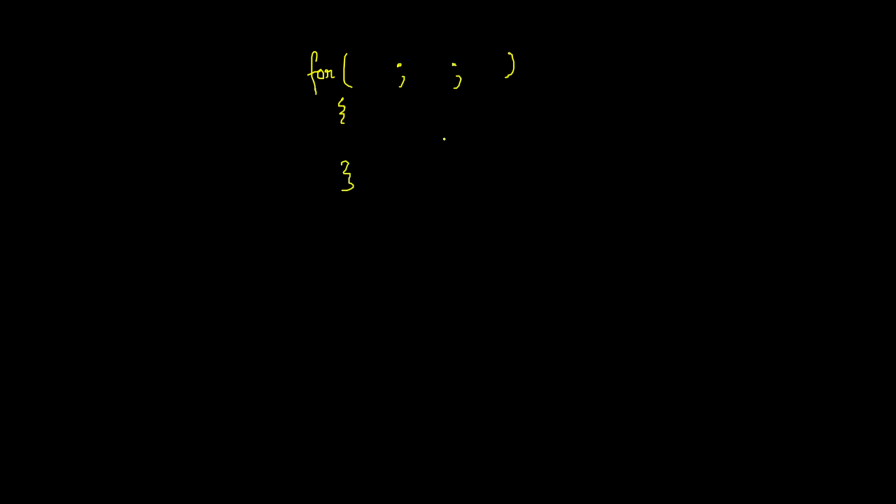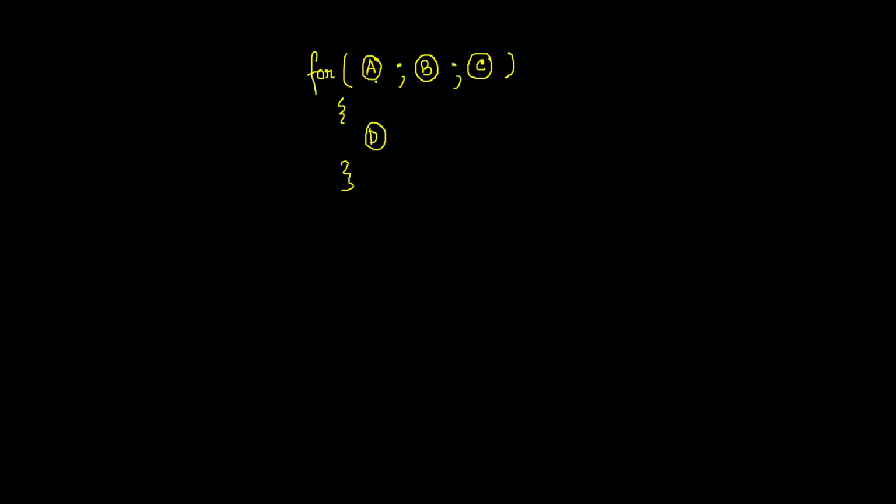Now let me represent these separated places by some symbols: this part is symbol A, this part is B, this part is C, and this part is D.